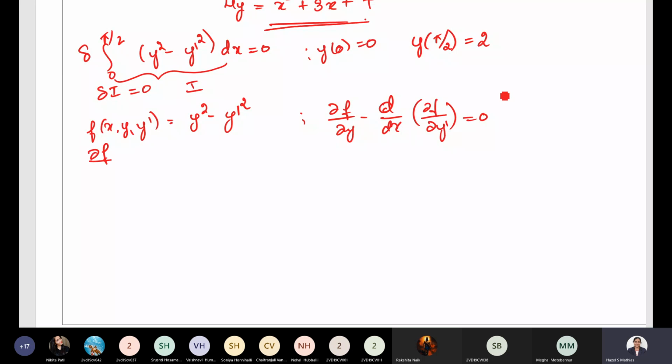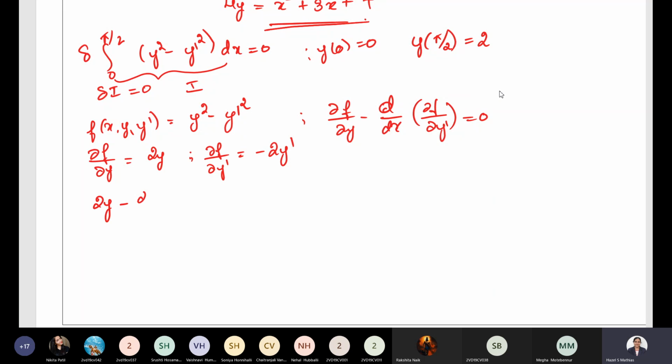So let's find what is dou f by dou y. It is 2y. Am I correct? Dou f by dou y is 2y. What will be dou f by dou y dash? It is minus 2y dash. Let's substitute in Euler's equation.